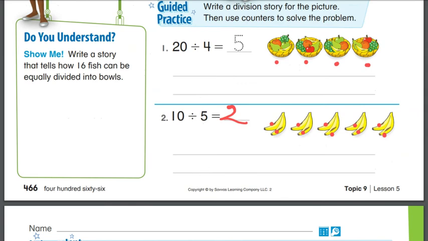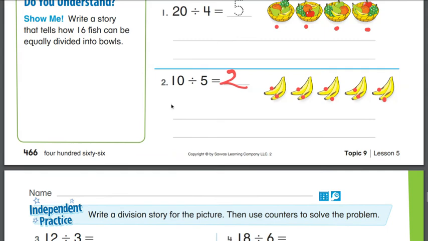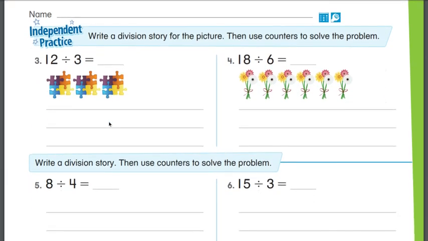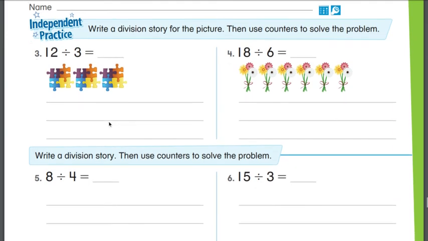I put them into 4 bowls. I have 5 pieces of fruit in each bowl. Same right here. I have 10 bananas. I put them into groups of 5. I have 2 bananas in each group. So you're going to complete these next 2 pages as your practice, and you're going to be writing me a story for the division problem.